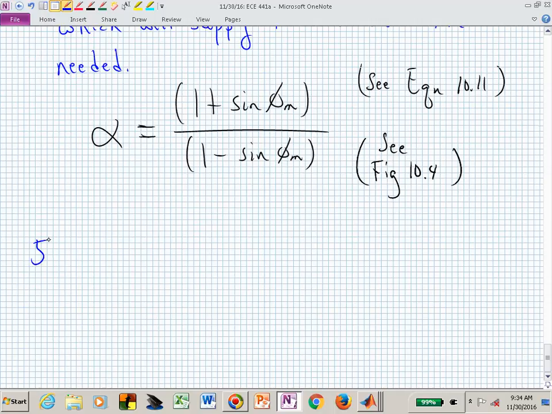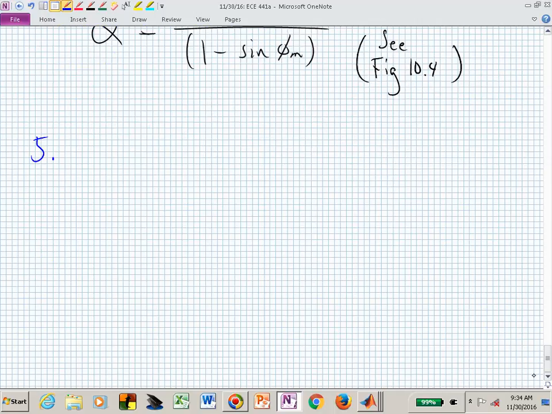Now what we want to do, now that we have the pole zero separation, now we need to find out where do we pin the pole and the zero down. All we have right now is the separation between the zero and the pole.